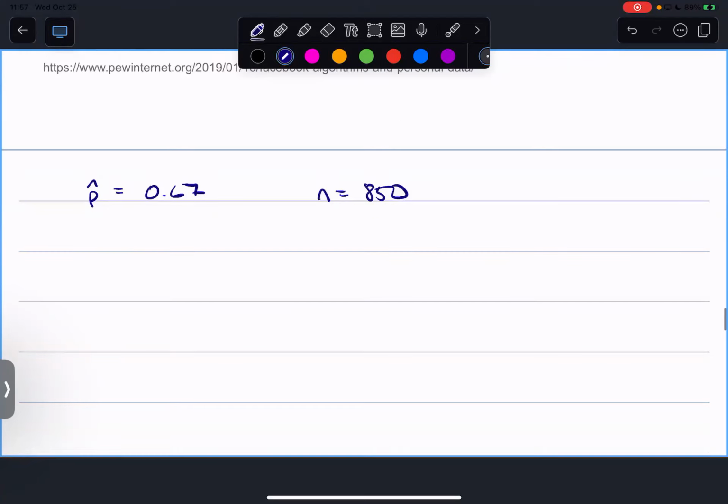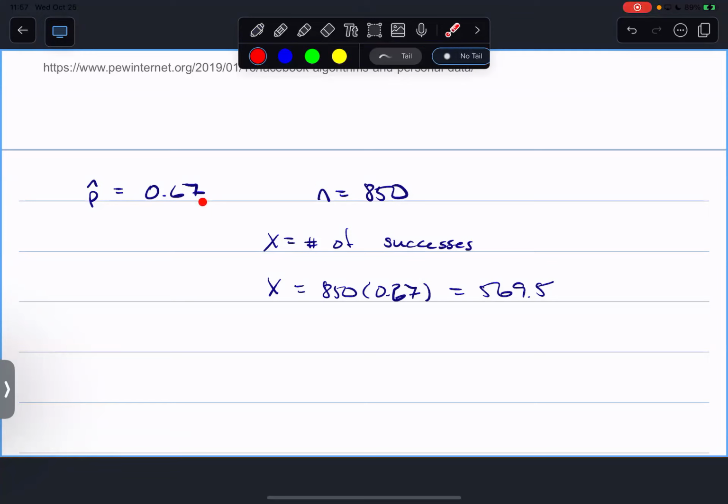If X is the number of successes, it should be 67% of 850. X is 850 times 0.67, which gives 569.5. That can't be, but that's okay. They've rounded the p hat, but that's okay.